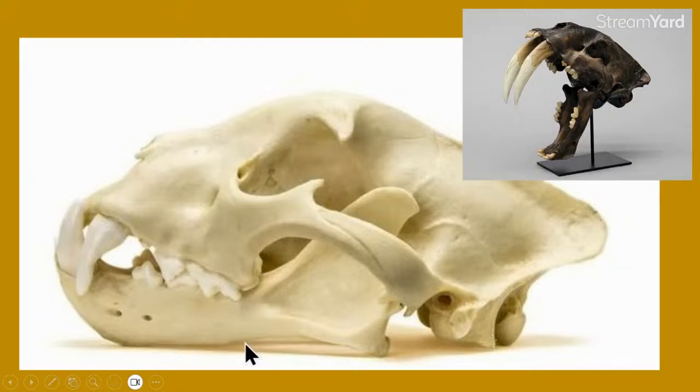Nowadays, the skull looks a lot more like this, but in this skull, you see those big old canines for grasping their prey, and they have really big areas right here for attachment of these muscles at the base of the jaw, and then the back of the skull, all these muscles that attach to help them have a really strong bite force. Now, not as strong, of course, as a hyena who they live near, but pretty strong still.